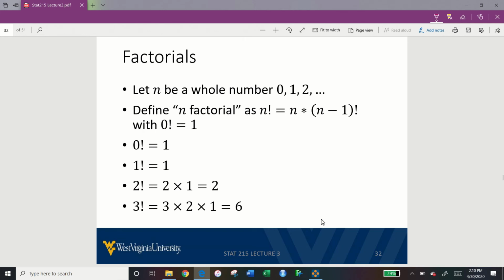So 0 factorial equals 1, 1 factorial equals 1, 2 factorial is 2 times 1, which equals 2, and 3 factorial is 3 times 2 times 1, which equals 6. Basically, factorials involve a little bit of counting backwards.